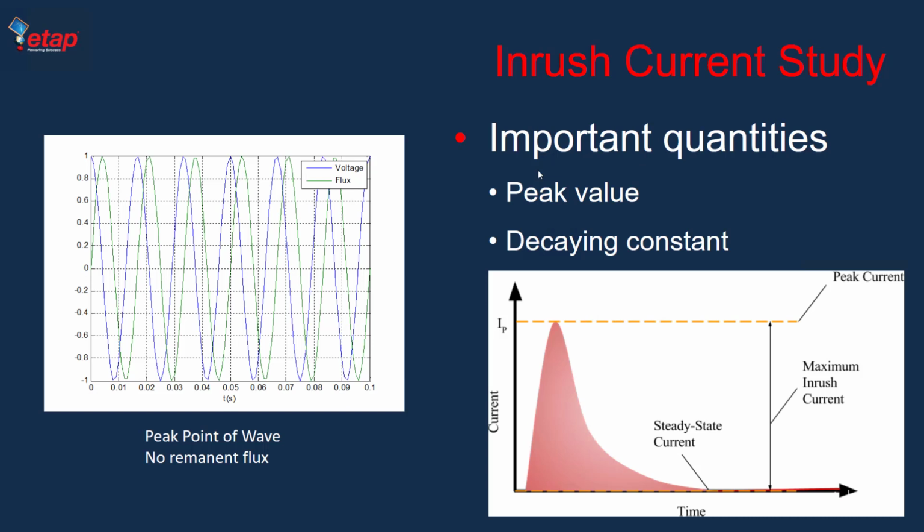So we have provided a sophisticated algorithm within transient stability, which is a phasor-based analysis, but is able to somehow capture the non-linear characteristics of the transformer to calculate this peak value and decay indices.